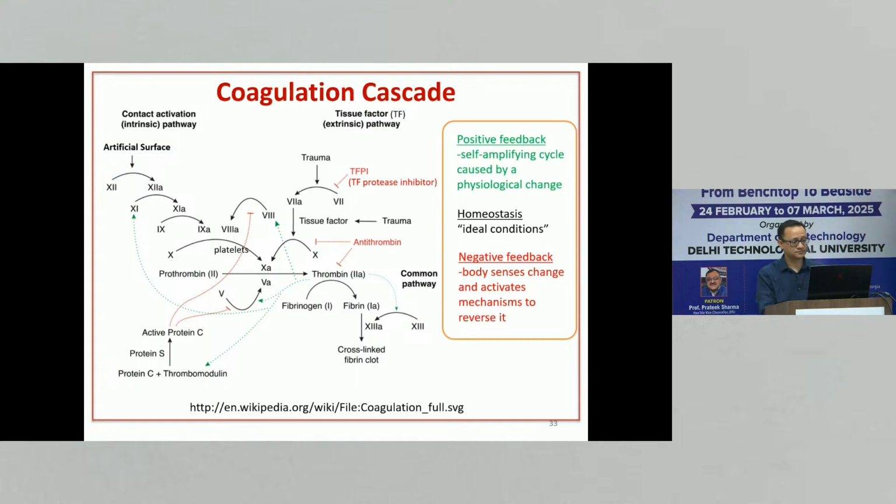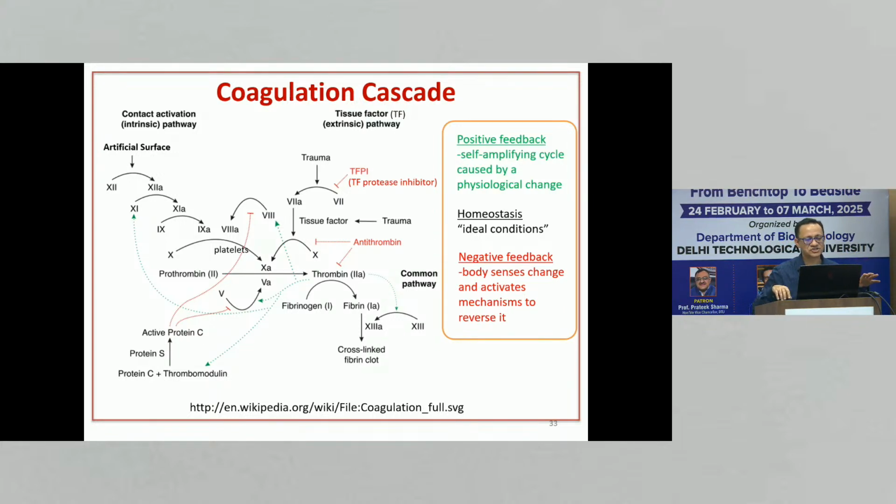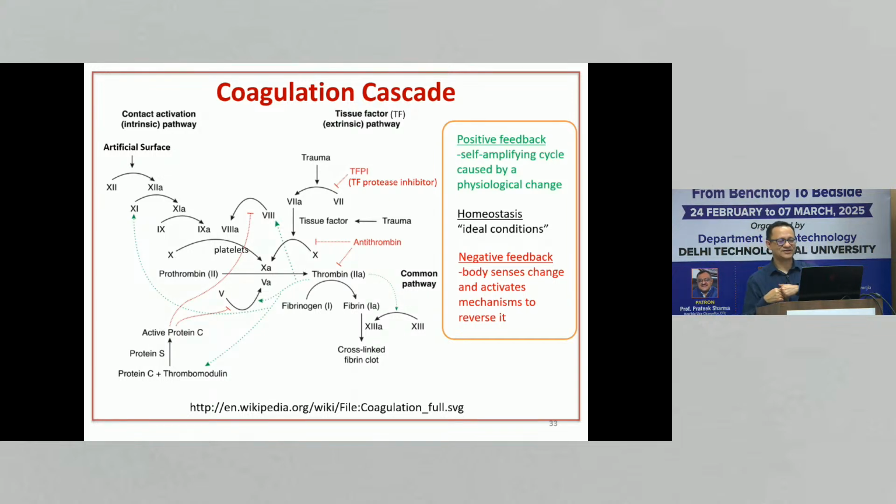Okay, so what happens is, when there is a trauma or injury, factor 7, so these factors are proteins or enzymes activating, factor 7 gets converted to activated factor 7, and that activated factor 7 will cause factor 10 to get activated.